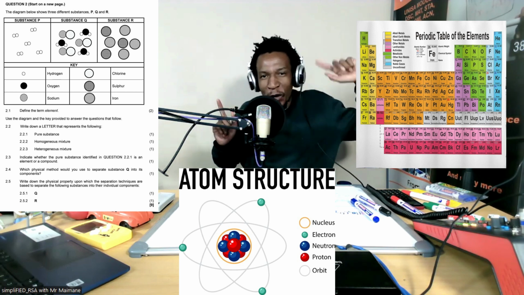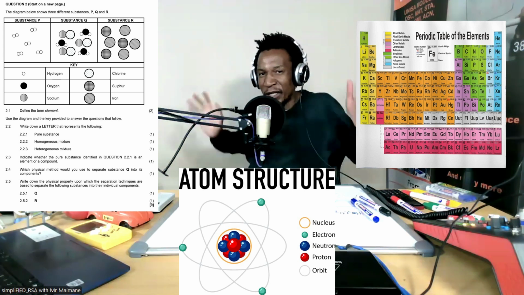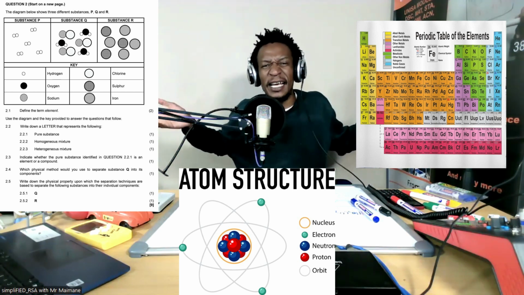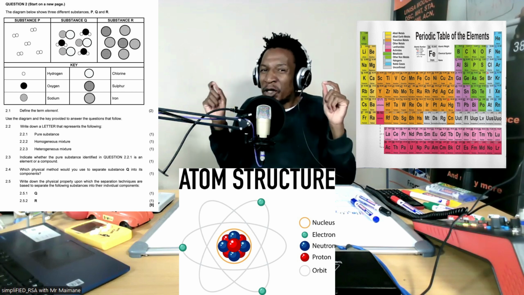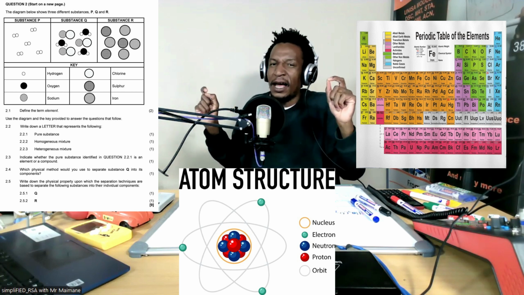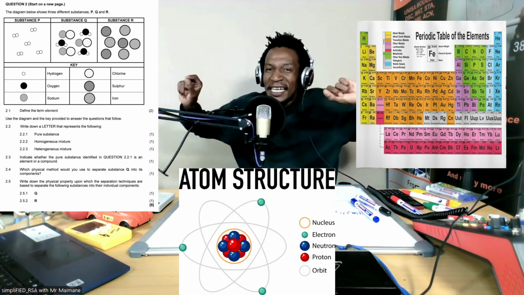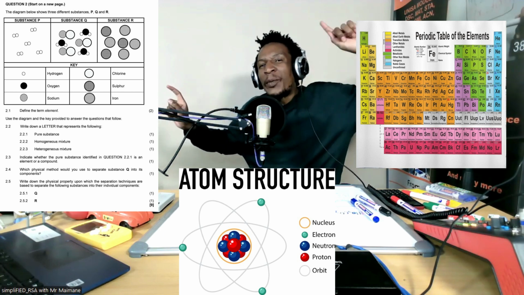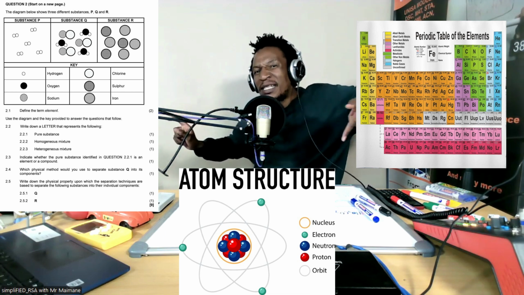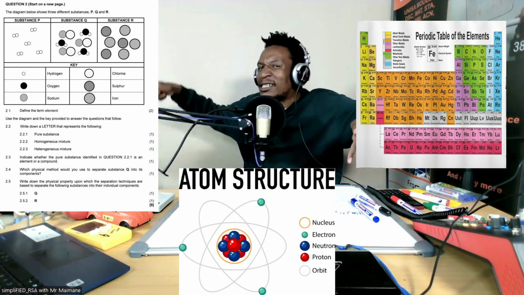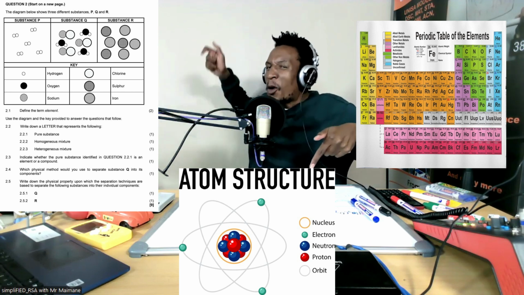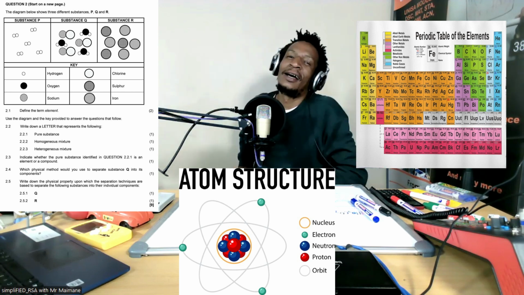All those elements in the periodic table are made up of atoms, because atoms are the natural building block of everything, even cells themselves.